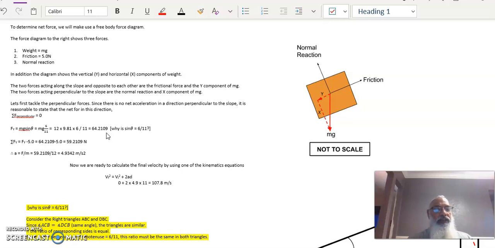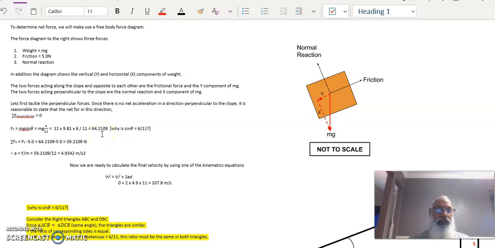Now, that is just the y component of the weight. And remember that the y component of weight acts down along the slope. And if the direction of motion is down along the slope, then the friction must act opposite that and therefore will oppose this force.